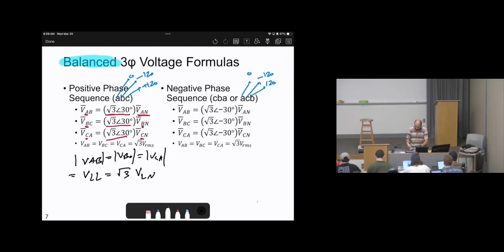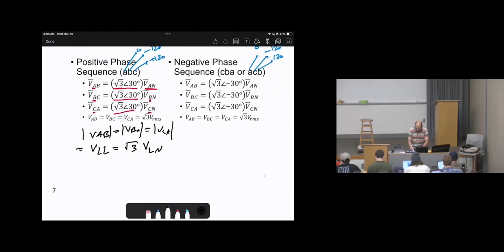Because I'm going to assume the magnitude of line to neutral, VAN as a magnitude, equals VBN as a magnitude, equals VCN as a magnitude, and I'm going to call it VLN, without bars. Keep in mind, those are magnitudes without bars, without the angles, so only the magnitude.